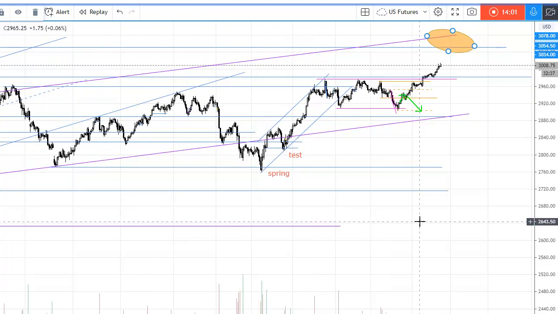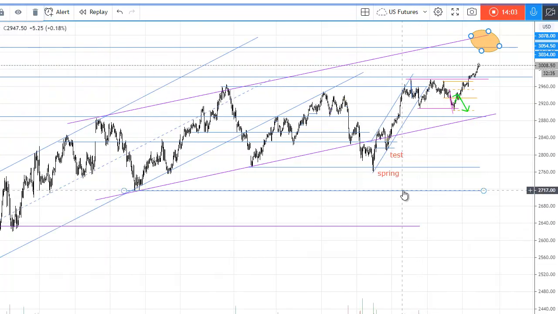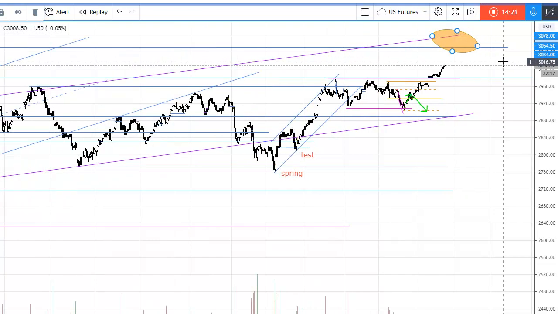Overall, the structure is very nice. This is a spring with a test, and we have a sign of strength rally up, followed by a horizontal reaction, and now we have a breakout. So the momentum should continue to the upside and test further targets.